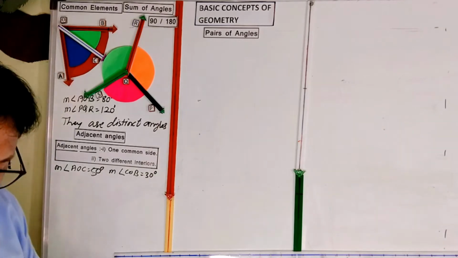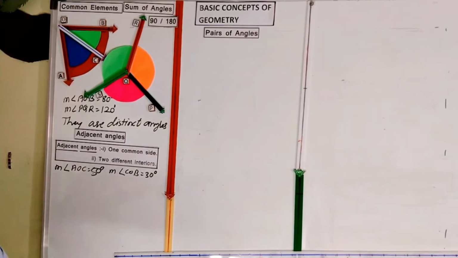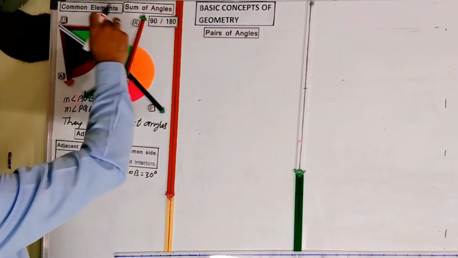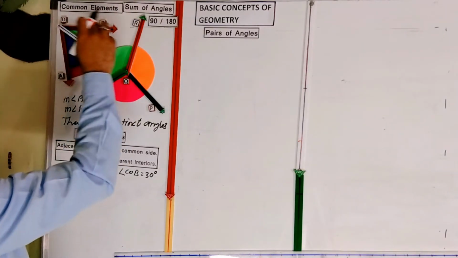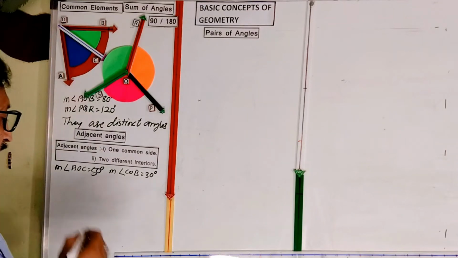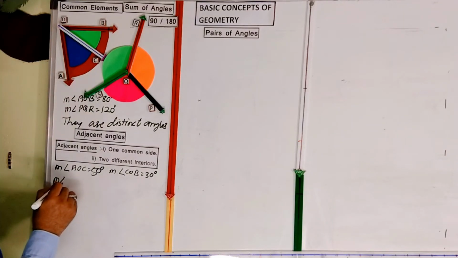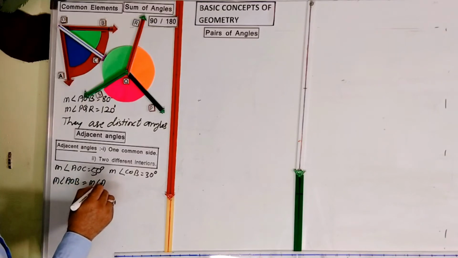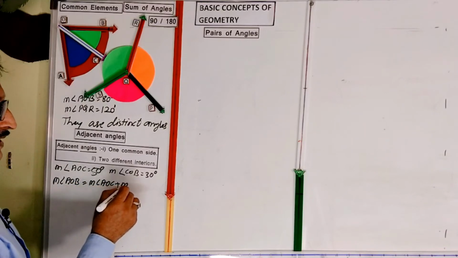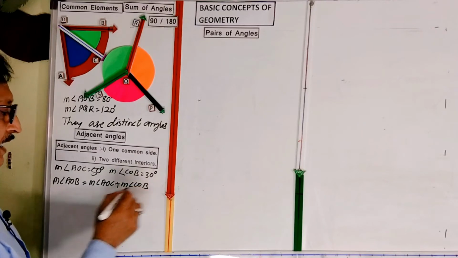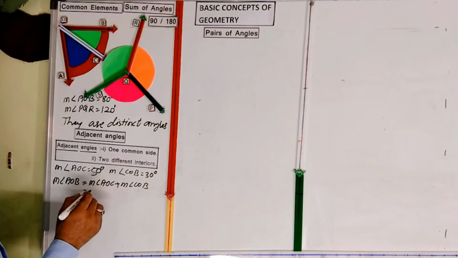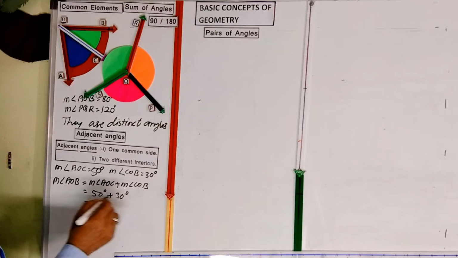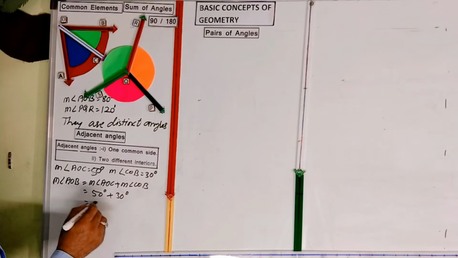Now, whenever there are two adjacent angles, see this angle and this angle, these two angles form a greater angle. That angle is AOB. Therefore, there is a relation. We can write measure of angle AOB equals measure of angle AOC plus measure of angle COB, and putting in the measures, 50 degrees plus 30 degrees, the total sum will be 80 degrees.